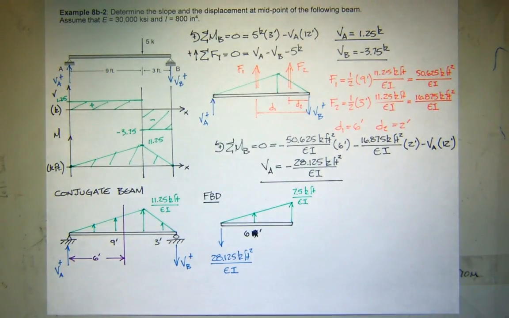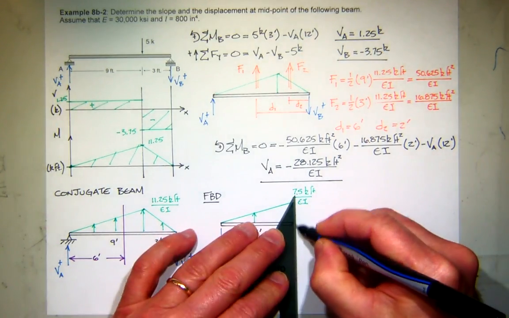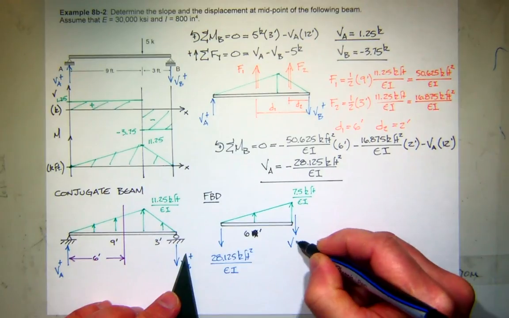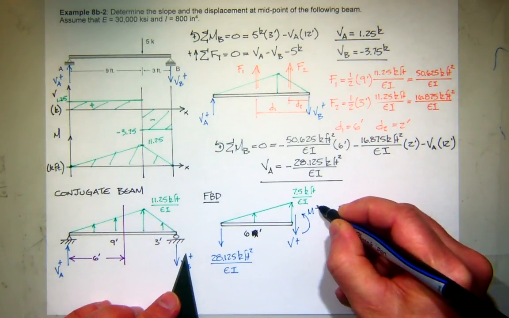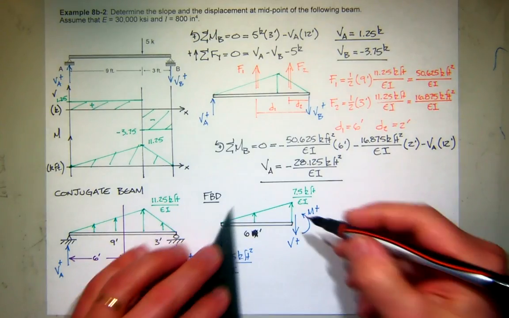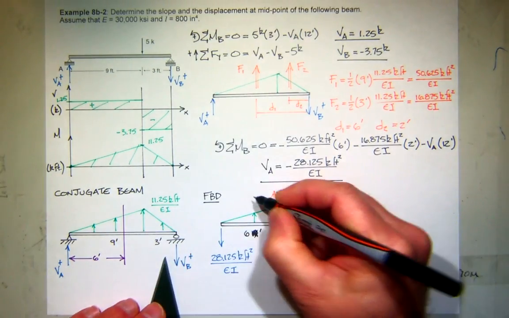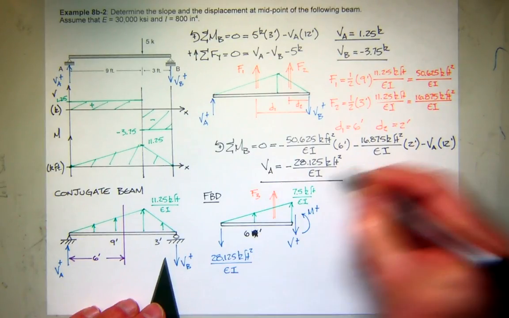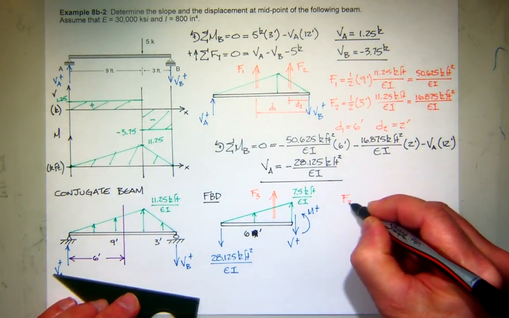Thank you. So now internally, what I want to find is my shear. This is the positive shear at the midpoint, and this is the positive moment at the midpoint. I need to find those two values. You can also see that I need to find a new concentrated equivalent force. I'll just call it F3 since I've used 1 and 2. What's F3 going to be equal to?